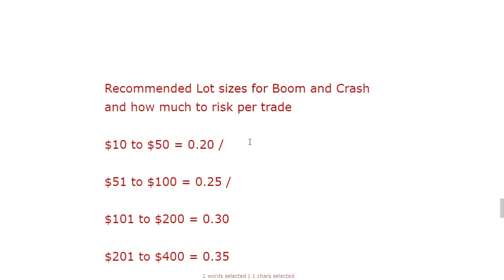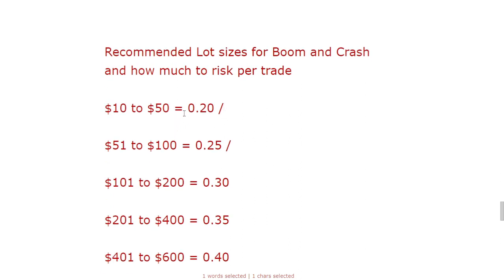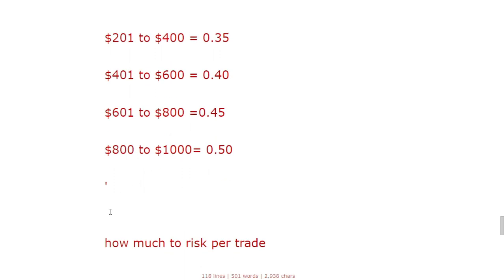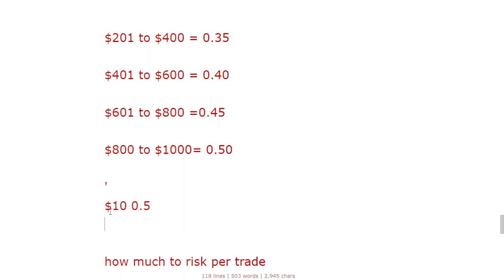Well, when it comes to Boom and Crash, for example, if I've got an account with $10 and you are catching single spikes, probably per spike you could make about $0.5. But as you continue trading, maybe you get to have $100.